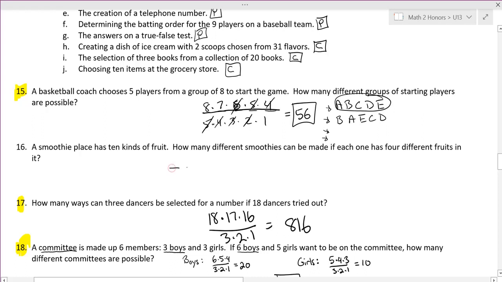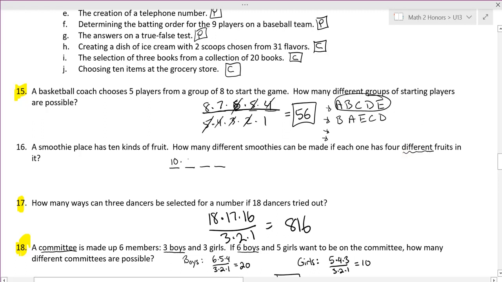For our first option, we have 10 different kinds of fruits to pick from. So 10 options. It says 4 different fruits, so you can't repeat the fruit.